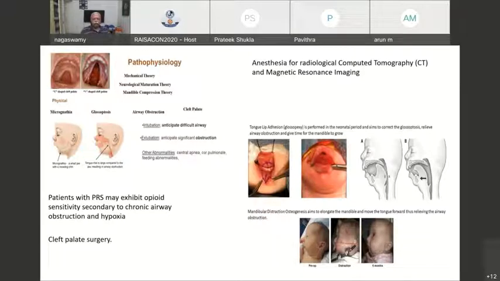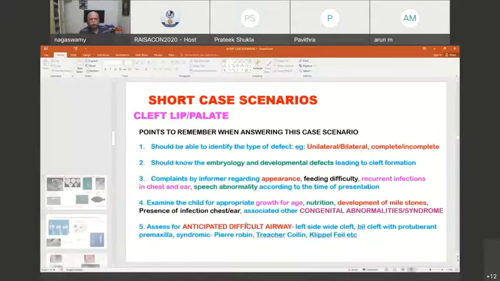So what I used to do is insert it only a small distance, so that the children have a good passage for breathing. The anterior part of the nasopharynx you can safely use, and or put them in the lateral position. That is also a good technique to relieve this problem. So these are the things that you have to remember.